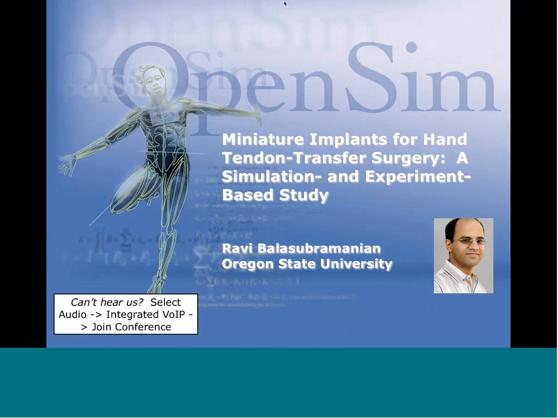So Dr. Balasubramanian is an assistant professor in the Department of Mechanical Engineering at Oregon State University. There he directs work in the Robotics and Human Control Systems Laboratory. He's received several awards, including the Best Student Paper Finalist Award at the International Conference on Robotics and Automation, and he's also the recipient of an Outstanding Researcher Award from our National Center for Simulation and Rehabilitation Research.